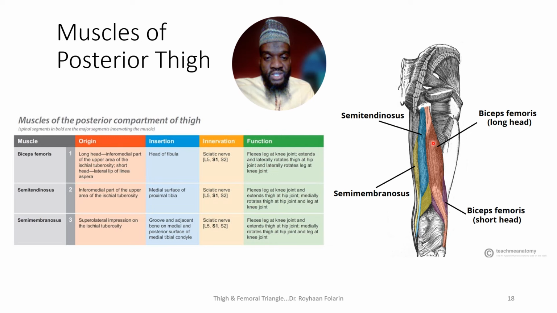They are innervated by the sciatic nerve, like with all other muscles of the hamstring group. So they flex the leg at the knee joint, and they extend and laterally rotate the thigh at the hip joint. As for the semimembranosus, it originates from the superior lateral impression on the ischial tuberosity, and then it inserts, as you appreciate here, on the groove and adjacent bone on the medial and posterior surface of the medial tibial condyle.